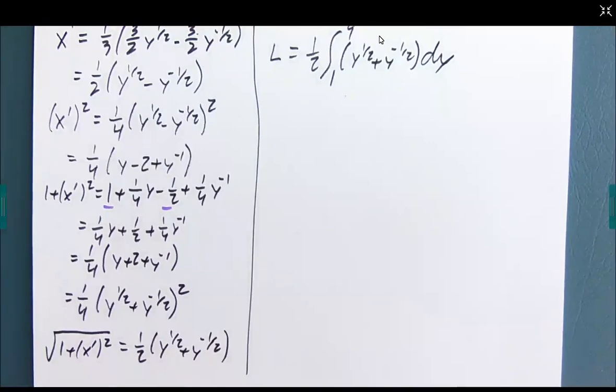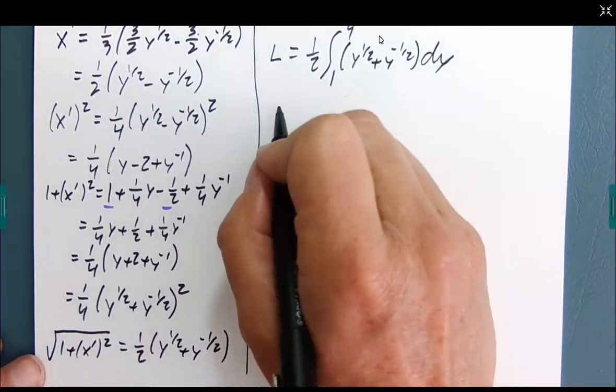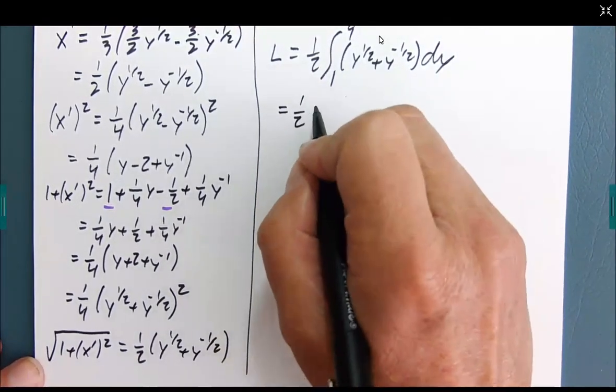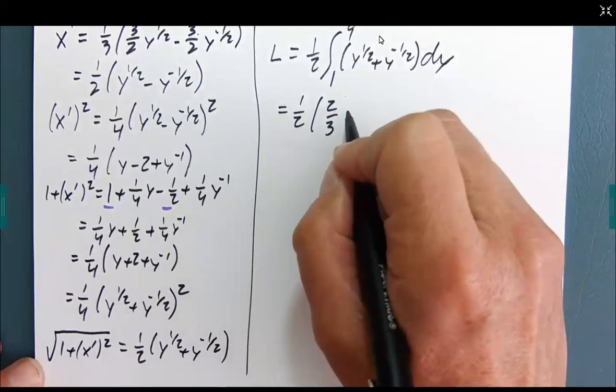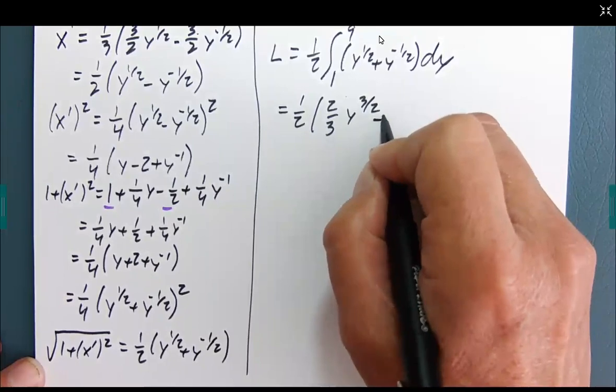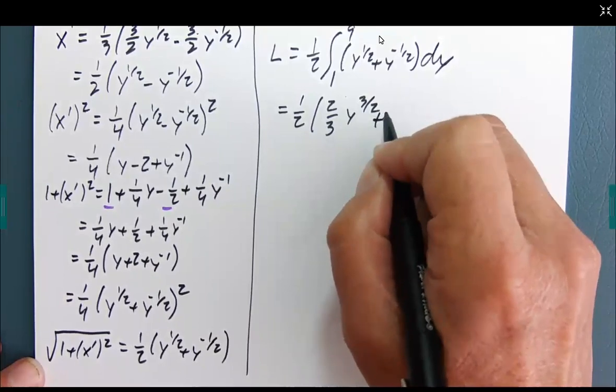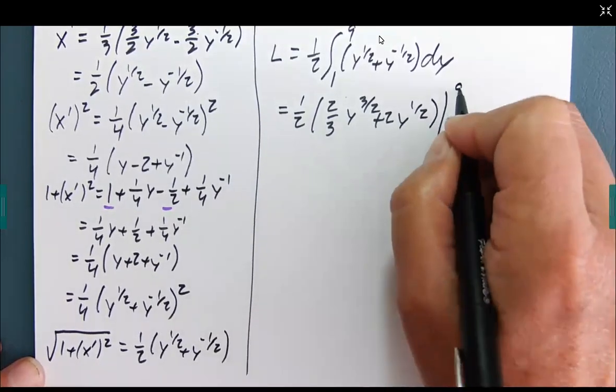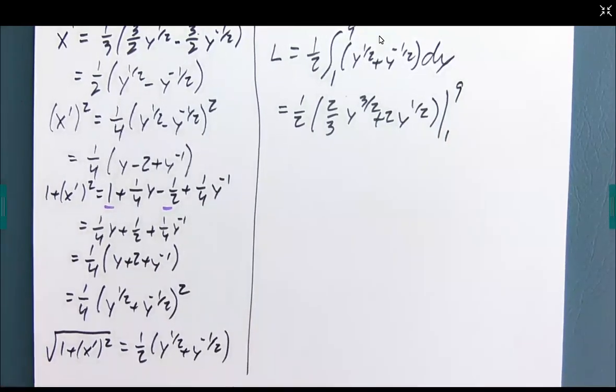And very nicely, I now have power rule again. And now I can just drop that 9 in and drop the 1 in.